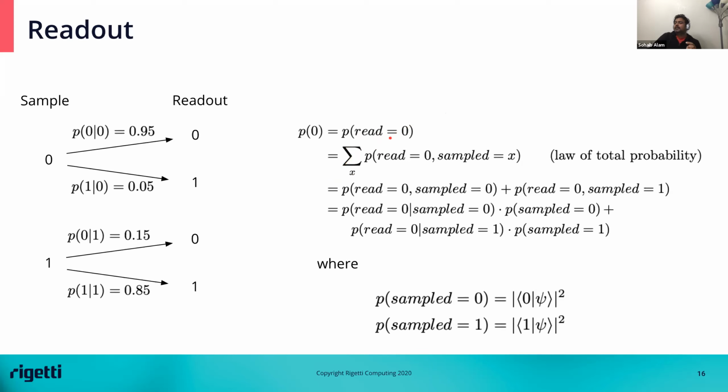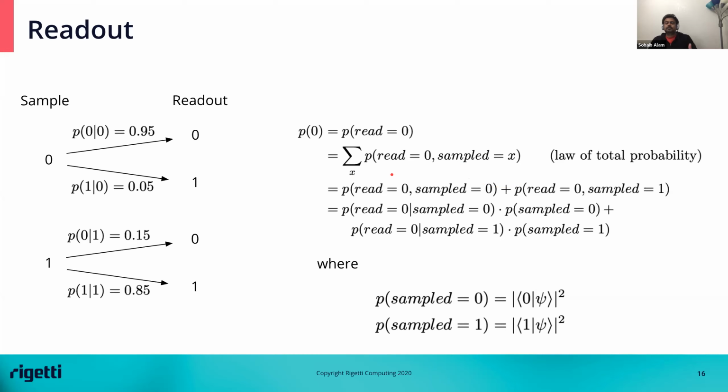And this probability of being read out to be zero, if you consider the law of total probability, is basically the sum over all possible configurations of our bit having been sampled. It's basically just the law of total probability.